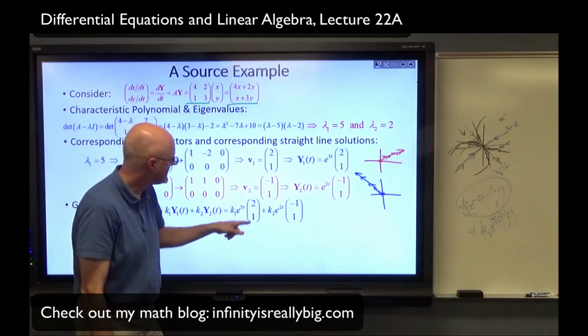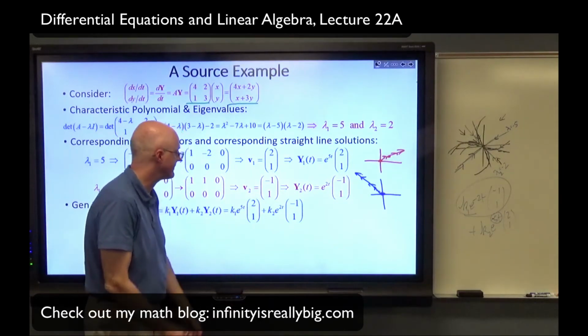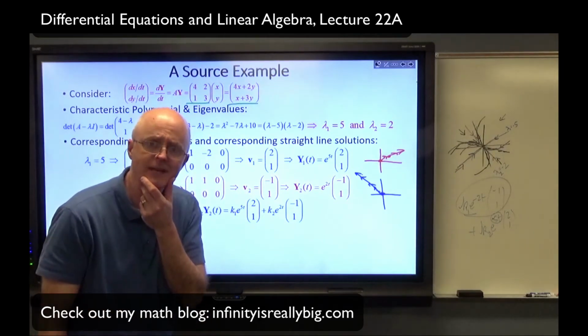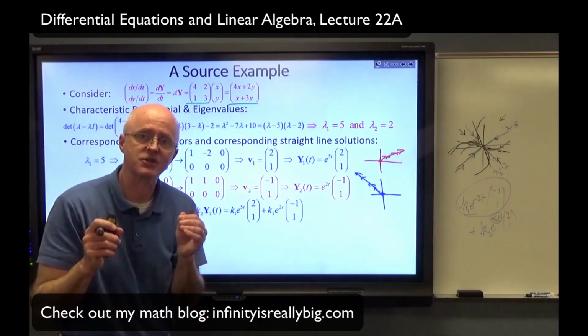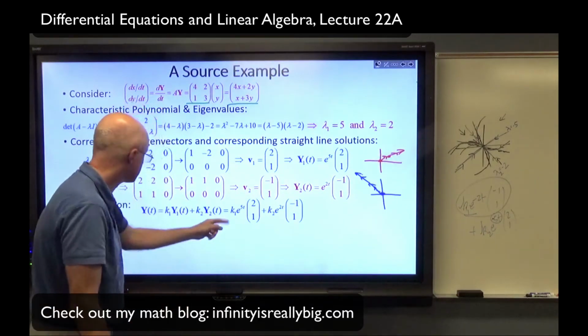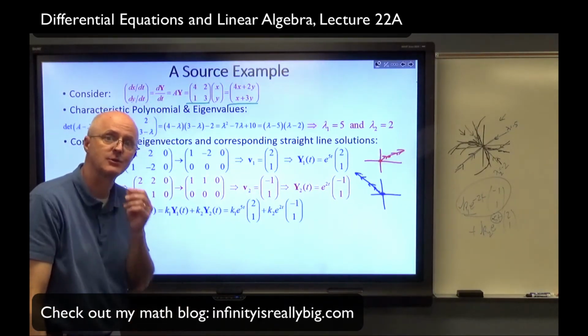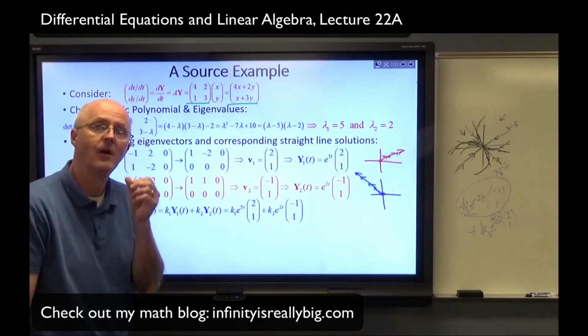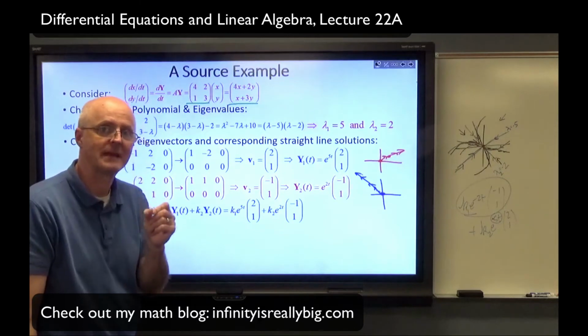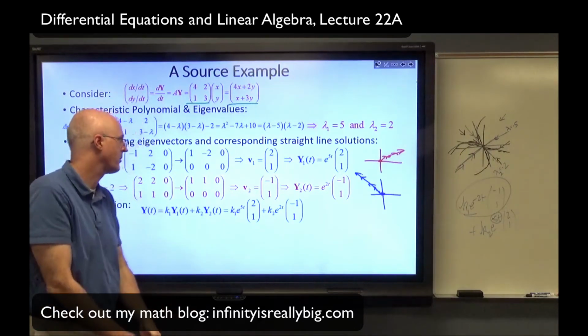I could multiply these vectors by any non-zero constants and it would still be a general solution. Does that contradict uniqueness? No, because if you solve any initial value problem, the solution will still be unique. General solutions can be written in different forms, but solutions of initial value problems, when they are unique, as they are in these examples, will be the same formula, at least if you simplify appropriately.